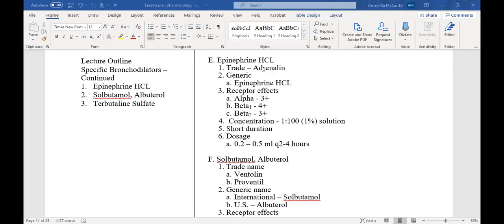Whose law says that if I decrease the diameter by half, I will increase the resistance by 16 times? Whose law was that? Henderson-Hasselbalch? No, that's pH.